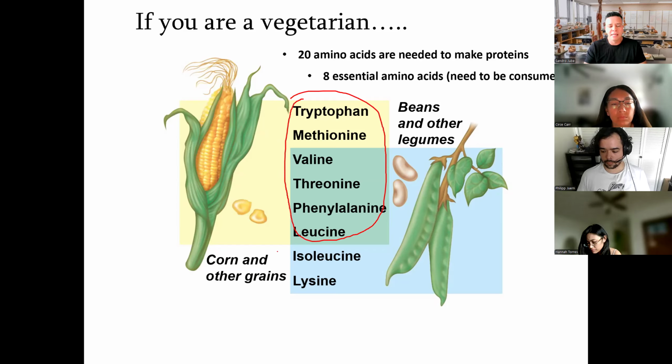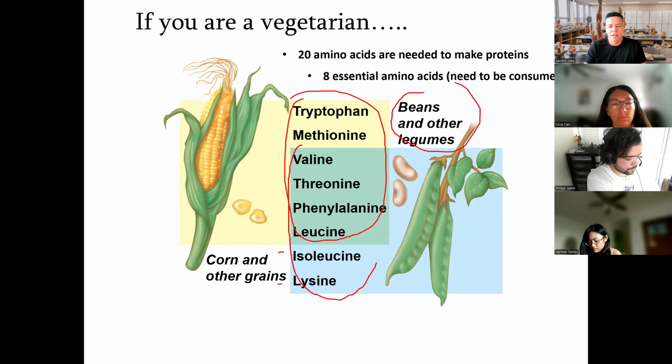You're going to be missing the isoleucine and lysine. If you only eat beans and other legumes, you're going to be able to get the six essential amino acids right here from the diet. You're going to be missing tryptophan and methionine. Okay? So you need then to make sure that you're eating a combination of grains and legumes in order for you to be able to get all eight essential amino acids in your diet.